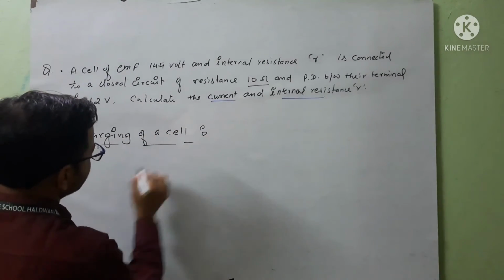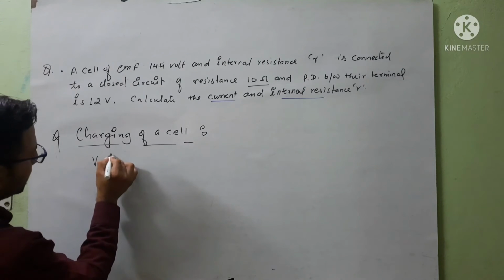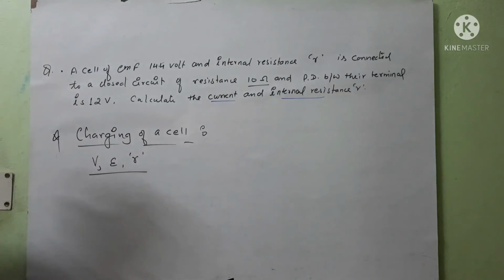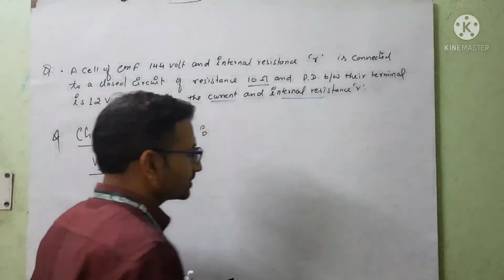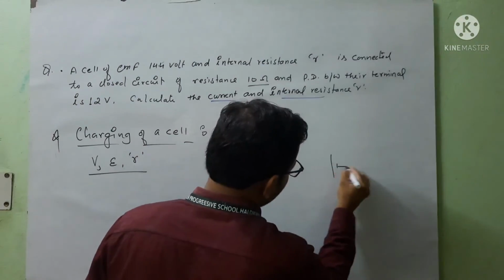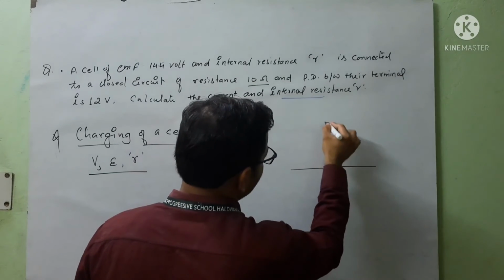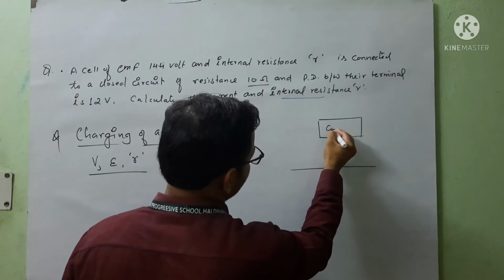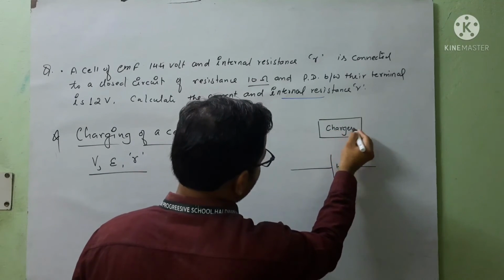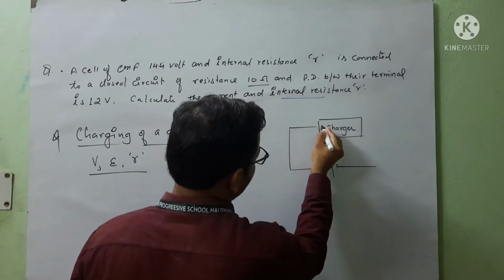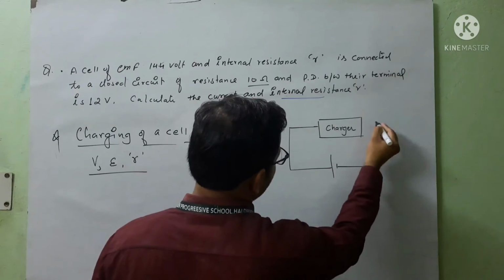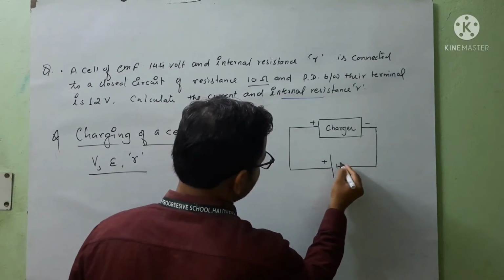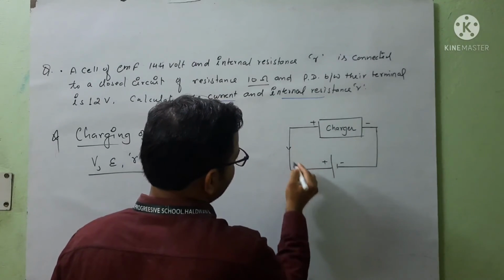See students, the relationship between V, EMF E and internal resistance r for the charging of a cell. When we charge a cell, the positive terminal of the cell will connect to the positive terminal of the charger, and the negative terminal of the cell will connect to the negative terminal of the charger. So this is positive, negative, and this one is positive, negative. That time the current will flow like this.